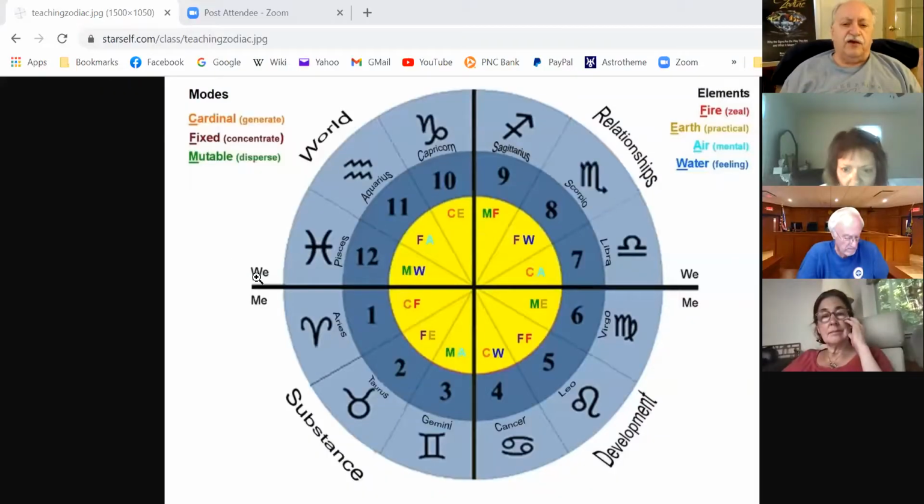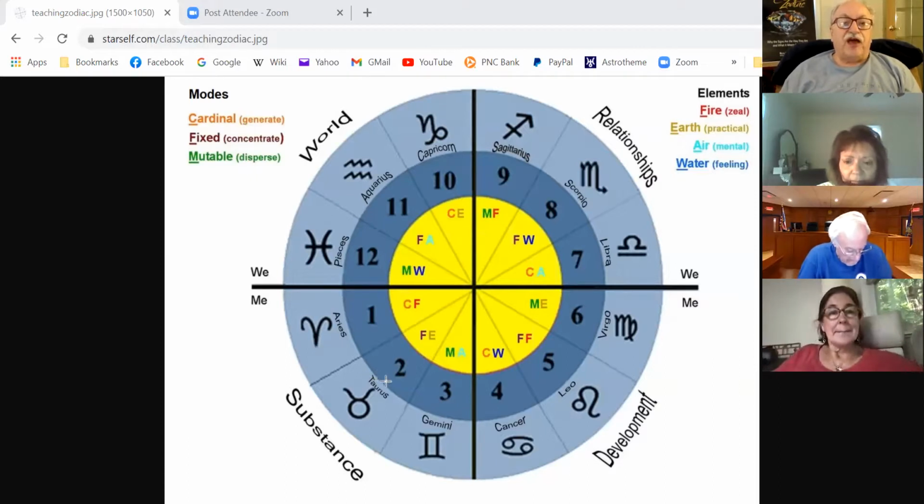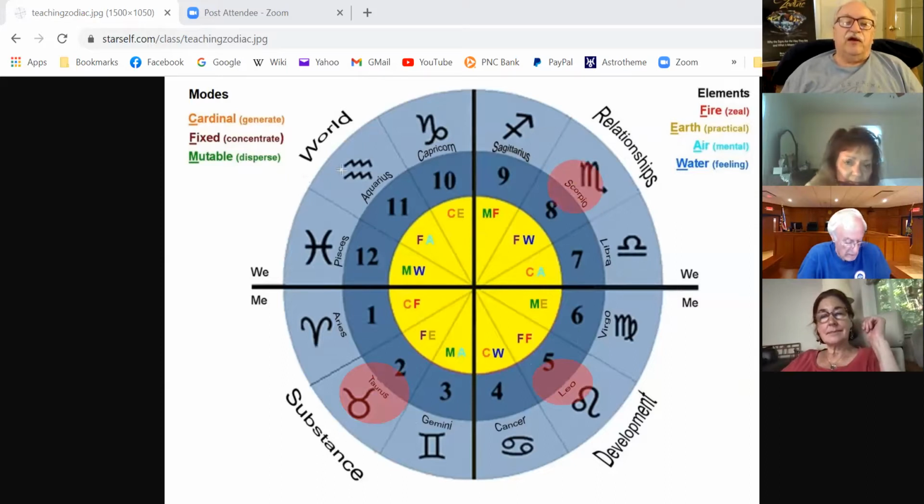Now, back here where we were, we're going to take a look at the next group. You saw the cardinal. The next group, they're the second one in each quadrant. They're called the fixed signs. The Tauruses, the Leos, the Scorpios, and the Aquarians.